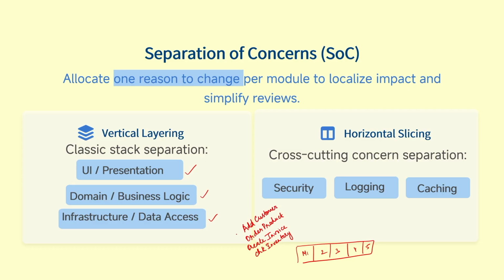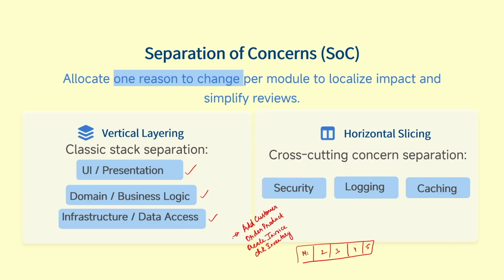Add customer is something, for example, on any online portal, where we might have created a login. So adding a customer or creating a new customer is related to your UI. Then ordering a product: after a customer has been assigned, you might place an order for a particular product.